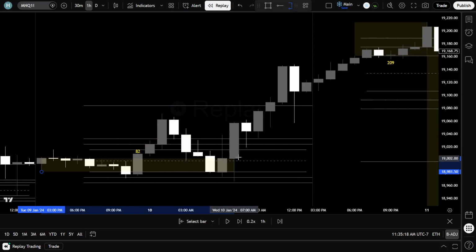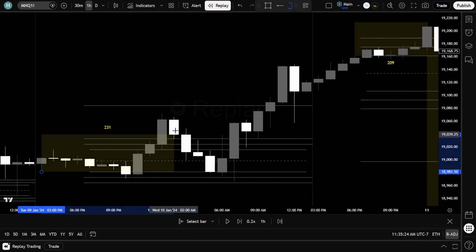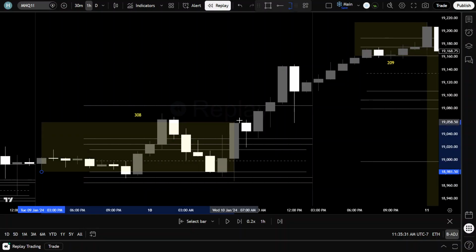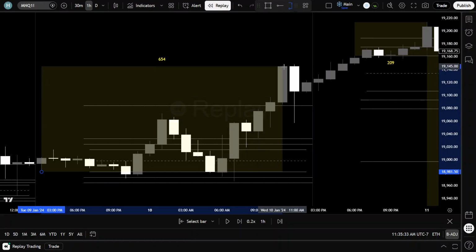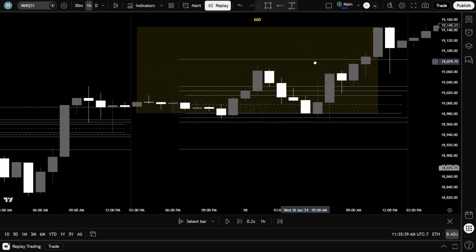But you could have left it overnight as well and be like, oh, you should tap this for 2R. But it ended up actually going back down for 66. But if you held through lunchtime, you're up 3R for the day. So there's that.